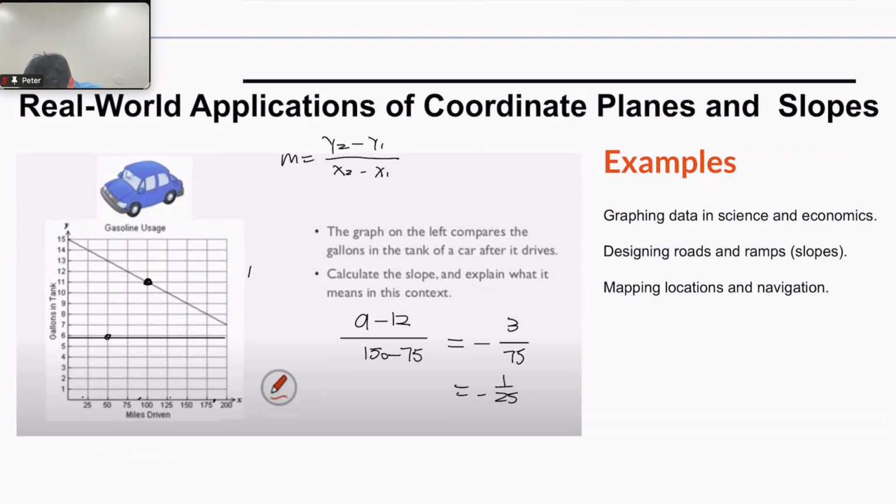That's why a horizontal line makes sense. This is a zero slope, and the vertical line doesn't make sense because one x coordinate references multiple y coordinates.